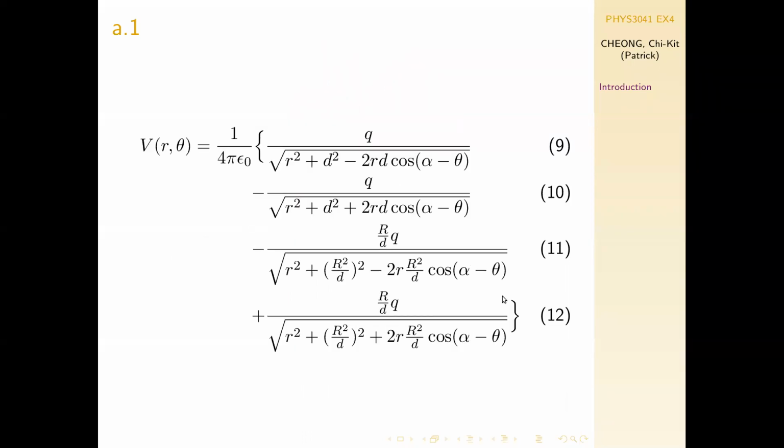Once you substitute all the things you know from previous slides, you will work out this expression. So this is the electric potential of this particular configuration. Although the expression is a little bit complicated, the process is straightforward.